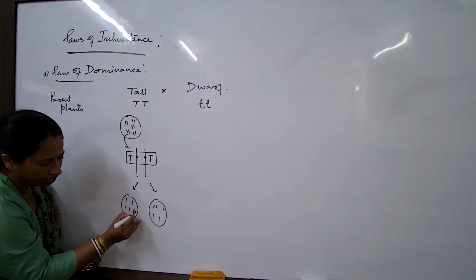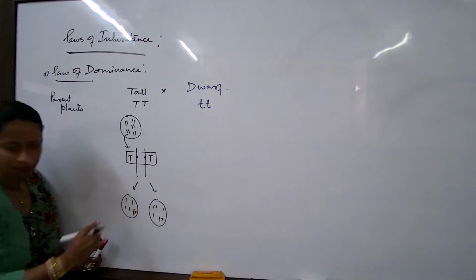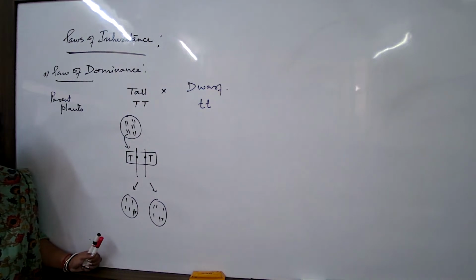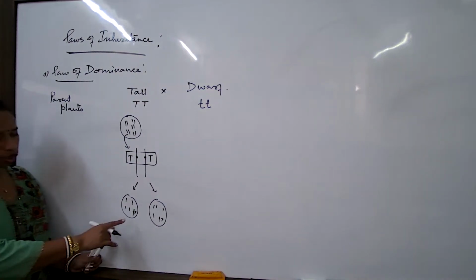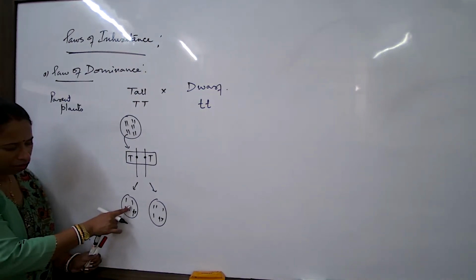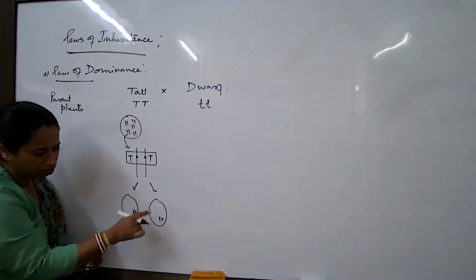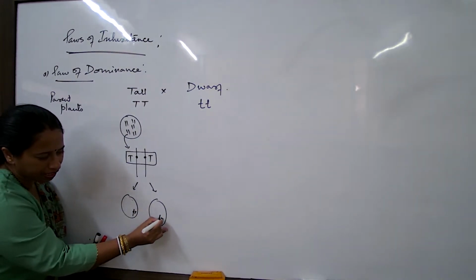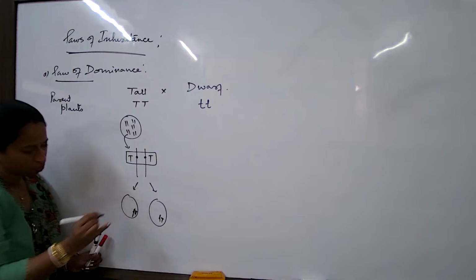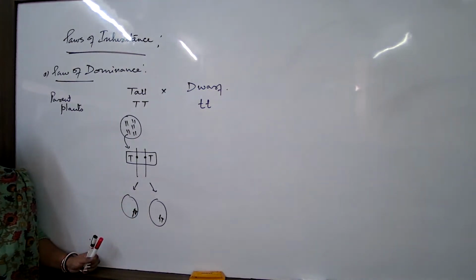So maybe here this is one we are talking about. Are you understanding what I'm writing here? We are not much bothered about the rest 4. We are only bothered about this particular chromosome containing T.